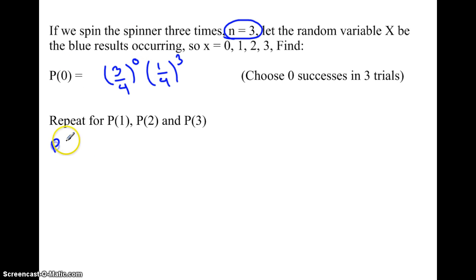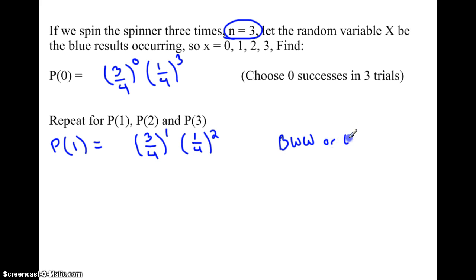So if I set this up for 1 blue, similarly, I'm going to want my 3/4 to occur once, which means I want my failures to occur twice. The only difference is that if I have 1 success and I'm spinning the spinner 3 times, I could have gotten a blue and then a white and a white, or I could have spun a white, then a blue, then a white, or white, white, blue.